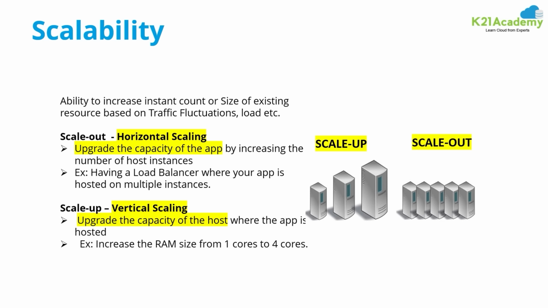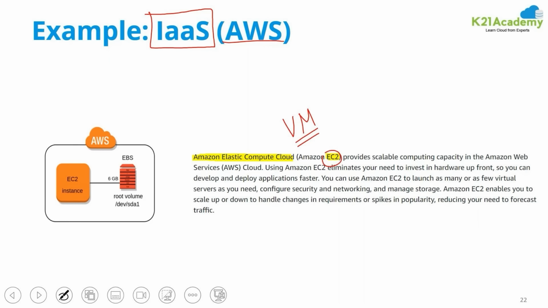So, when I talk about AWS, the infrastructure as a service offering is the virtual machine that we created just a few minutes before. I have created a virtual machine in cloud, and that EC2 service is basically your infrastructure as a service, because in that you will get RAM, CPU, SSD storage.